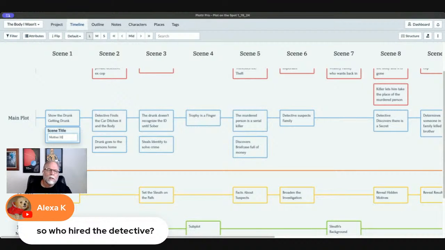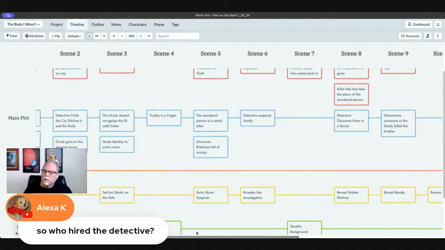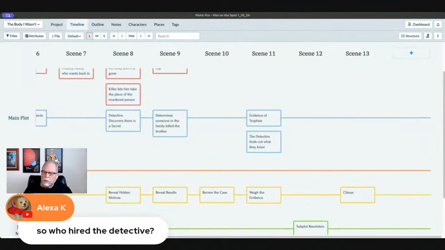Mother hired the detective. Okay, let's go with that. And we'll move some things around, change some things up as we finalize this a little bit, so our plot is a little cleaner. Okay, so what could bring things to the head?